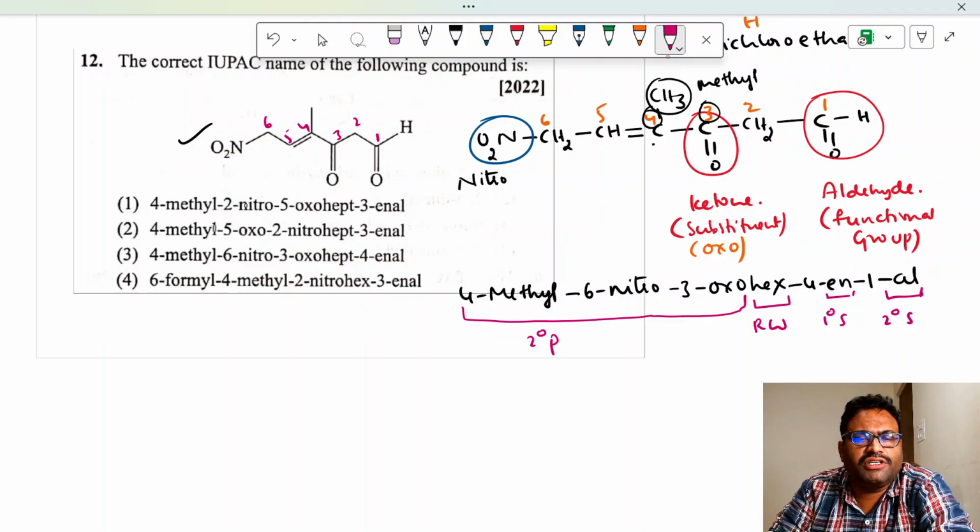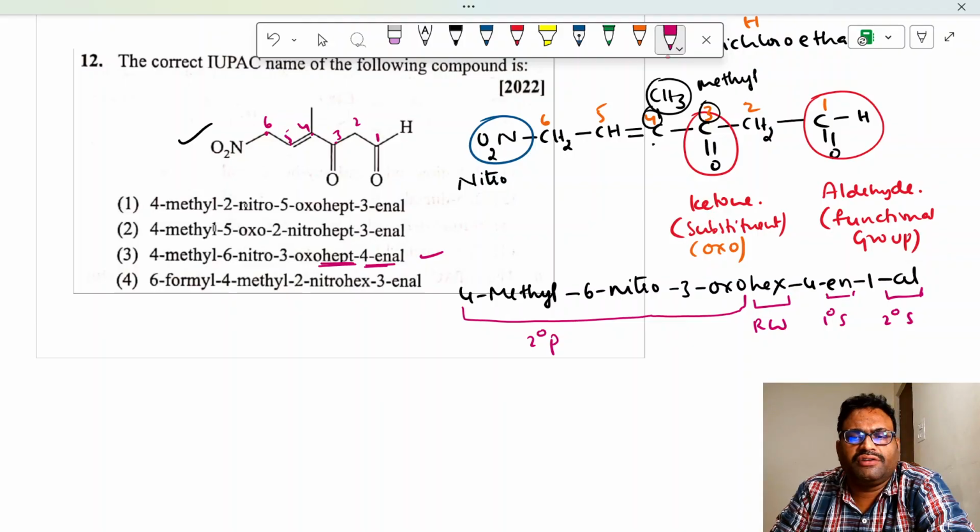Seven carbon atoms, 1, 2, 3, okay, 4 carbon, 5 carbon, 6 carbon. That's it. There is another carbon. The option given is heptane. 4-ene, 1-al.